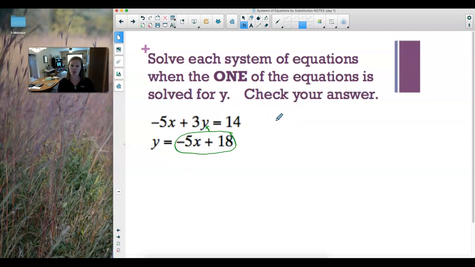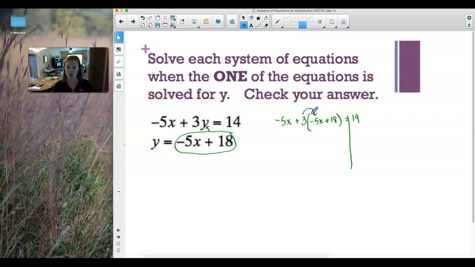Okay, now here's where we have to be really careful. When I substitute that in, it's negative 5x plus 3, and then we have to put it in parentheses. Negative 5x plus 18 equals 14. Okay, now we have to use the distributive property first. Do not try to add first.